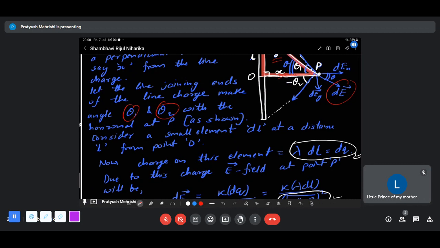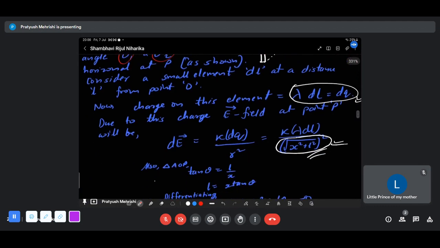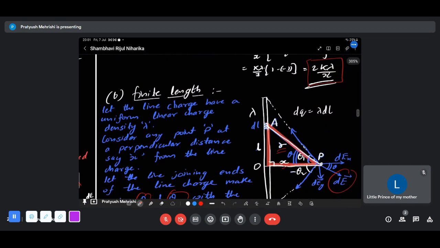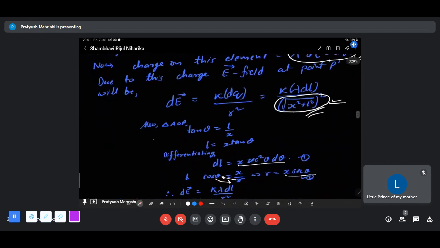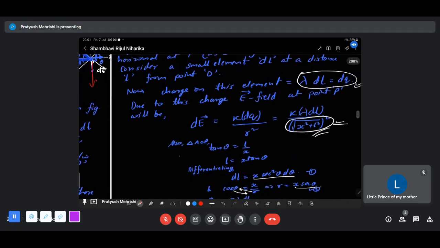And due to this charge, the electric field at point P will be again the same, k dq upon r square. Now what is r? For r we will use the Pythagoras theorem, under root of L square plus x square. And when we square it, this under root will disappear. Only x square plus L square will remain.